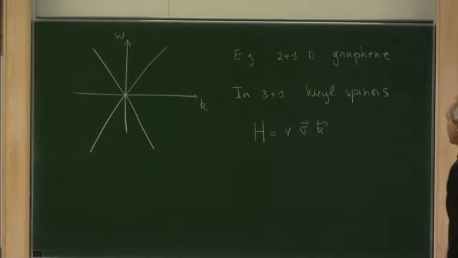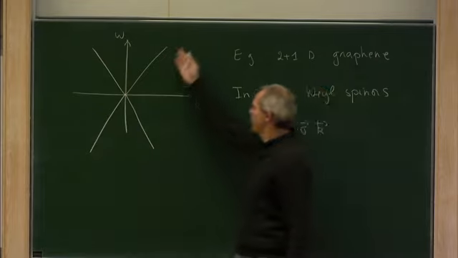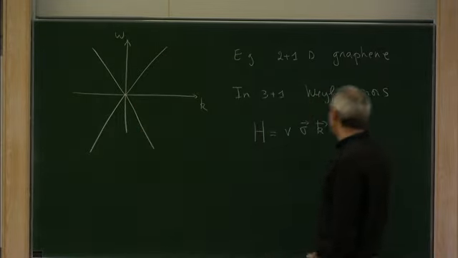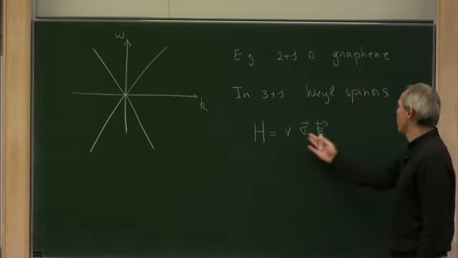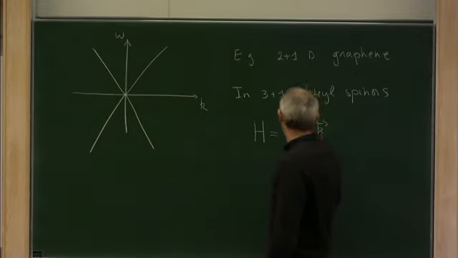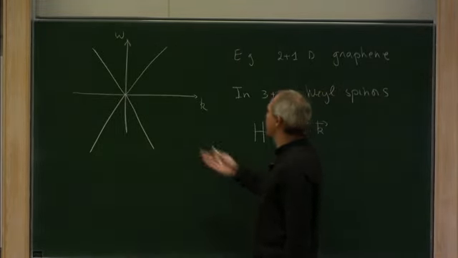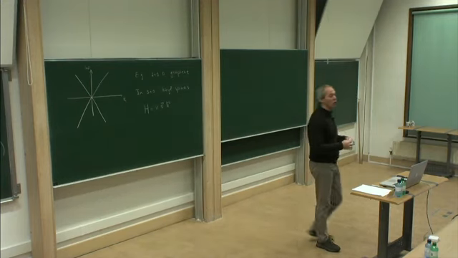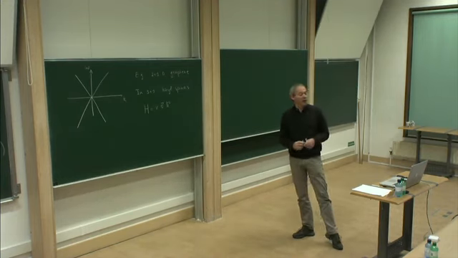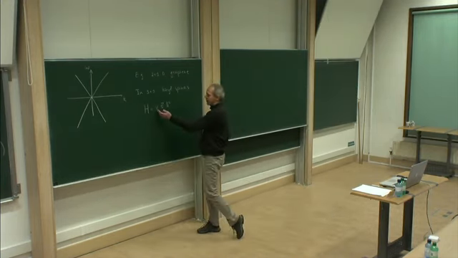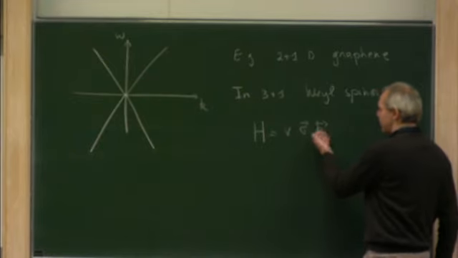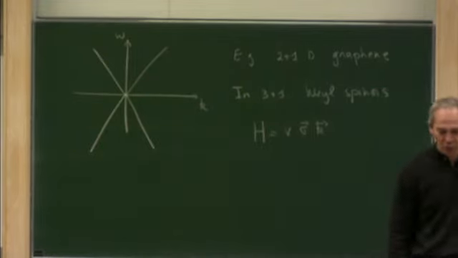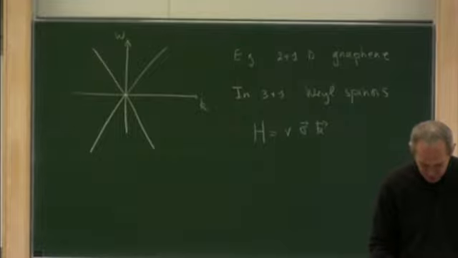This kind of Hamiltonian generates these dispersion relations where you have the 2 components of sigma 3, with k in the 3 direction, giving the linear dispersion relations. One can make it more complicated and have anisotropic Weyl semimetals. Then you have a matrix V_ij and then sigma times k. But I will focus on the simplest setup.